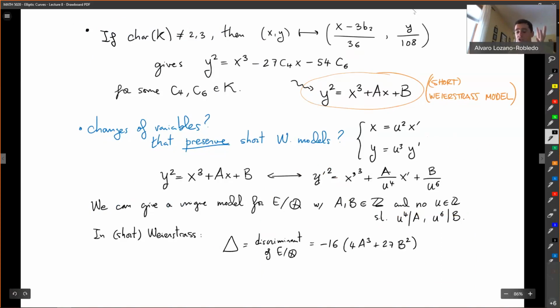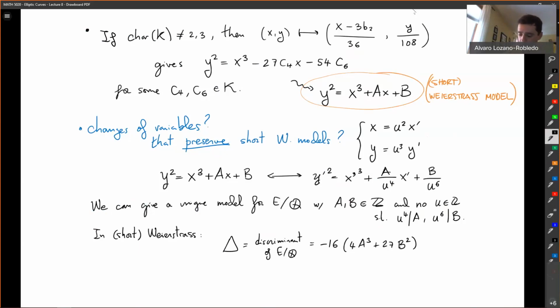Okay. If you actually compute the discriminant of x cubed plus ax plus b, that is 4a cubed plus 27b squared. But the 16 in front actually comes from the fact that there was a 4 in front of the x cubed in that original model with the b coefficients.